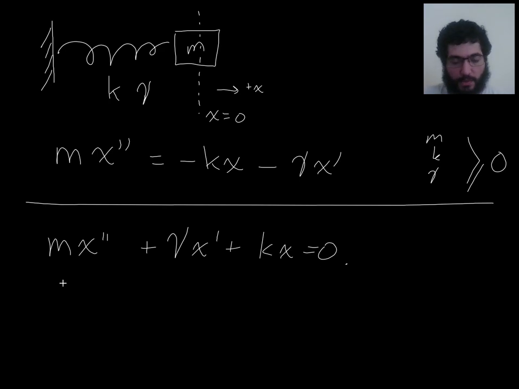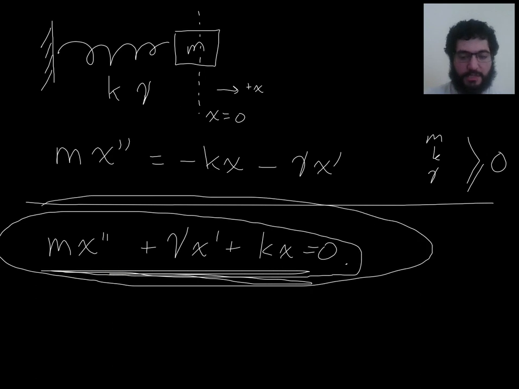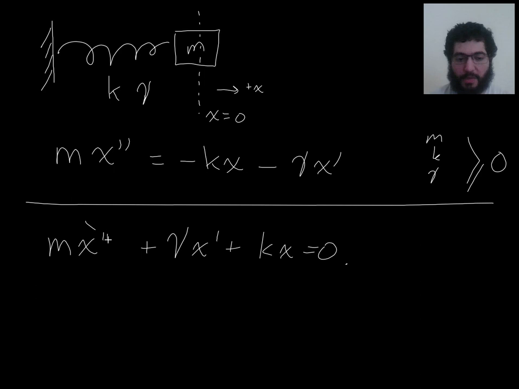Okay, so now with all the stuff that you saw in the past few lectures, we are equipped to fully solve this problem in general, to figure out the general solution and be able to solve any initial value problem. So by initial value problem, I mean a situation where you're told, in addition to the differential equation, so in addition to mass and these coefficients, you're also told an initial displacement.